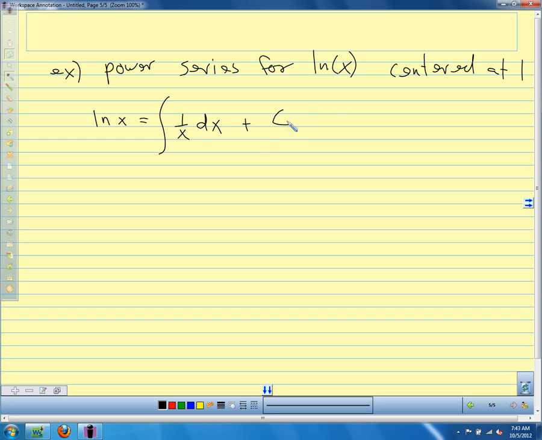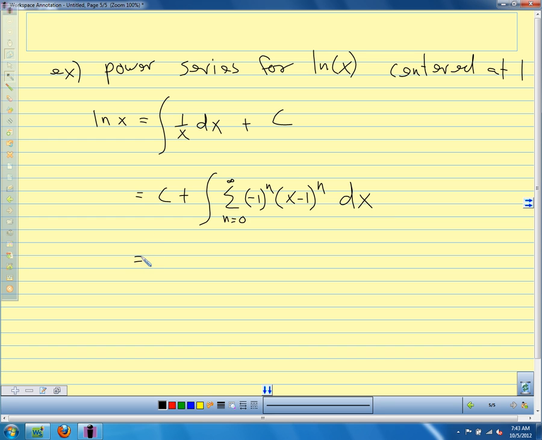So I'm going to write this constant of integration out here to make sure that we account for it. So the natural log is going to be c, my constant, plus the integral of the sum, n equals 0 to infinity, of (minus 1) to the n, (x minus 1) to the n dx.